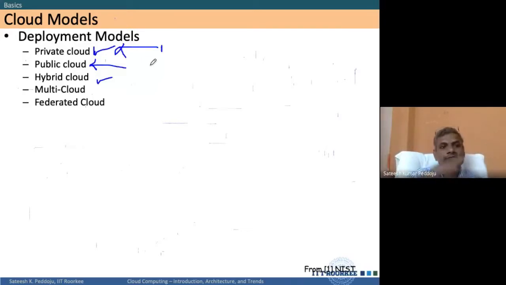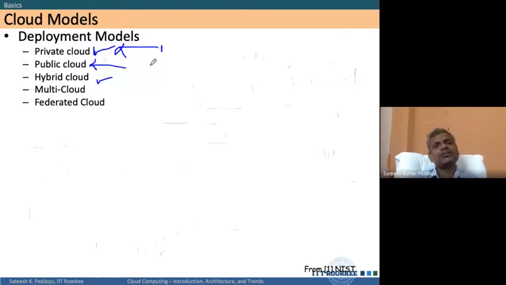And whenever I'm short of resources or some sort of cloud functionality is not there in my computing environment, or let's say during the peak times, my resources are getting exhausted, in all such environments, I can take the help from the public cloud systems. But the services are actually routed through your private cloud environment. Okay. So this is hybrid cloud.